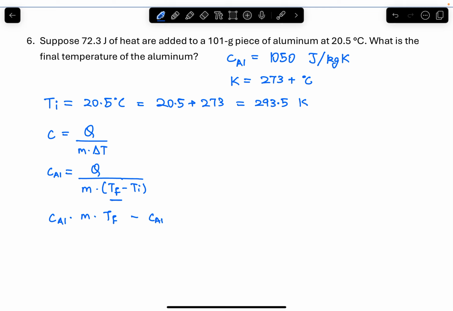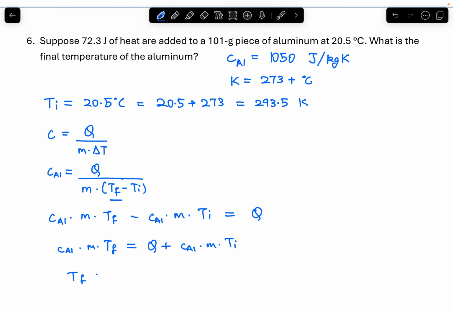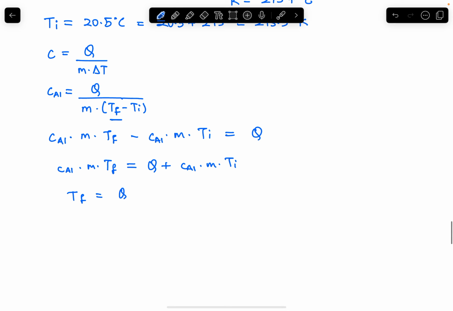So C aluminium times M times T initial is equal to Q. So T final is equal to Q plus C aluminium times mass times T initial divided by C aluminium times mass. That's it.